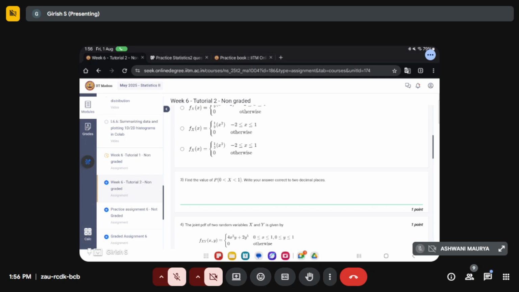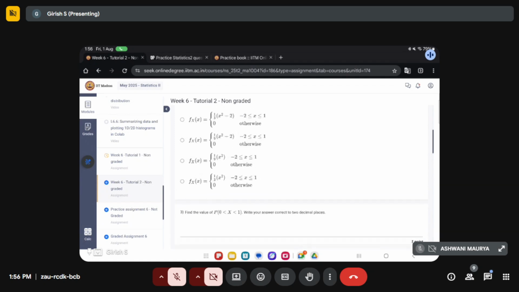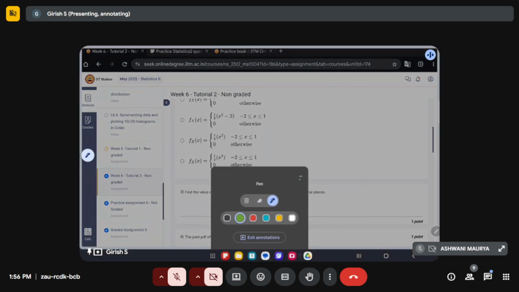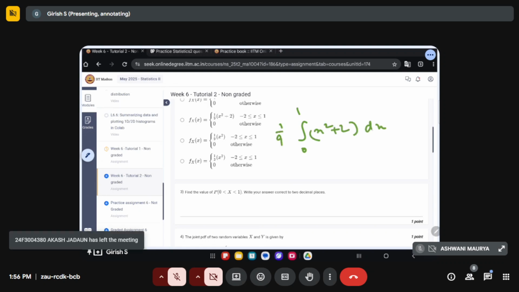We calculated fx of x in the previous question, so let's just continue and solve this. So this becomes integral 0 to 1 of 1 by 9 into x square plus 2 dx. They are asking from 0 to 1, that's why it's the bound.